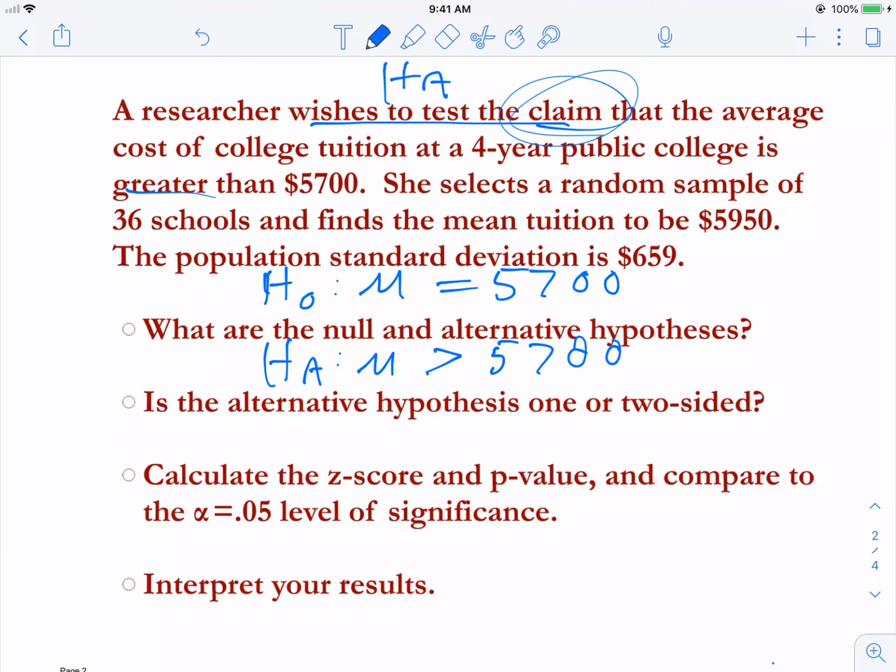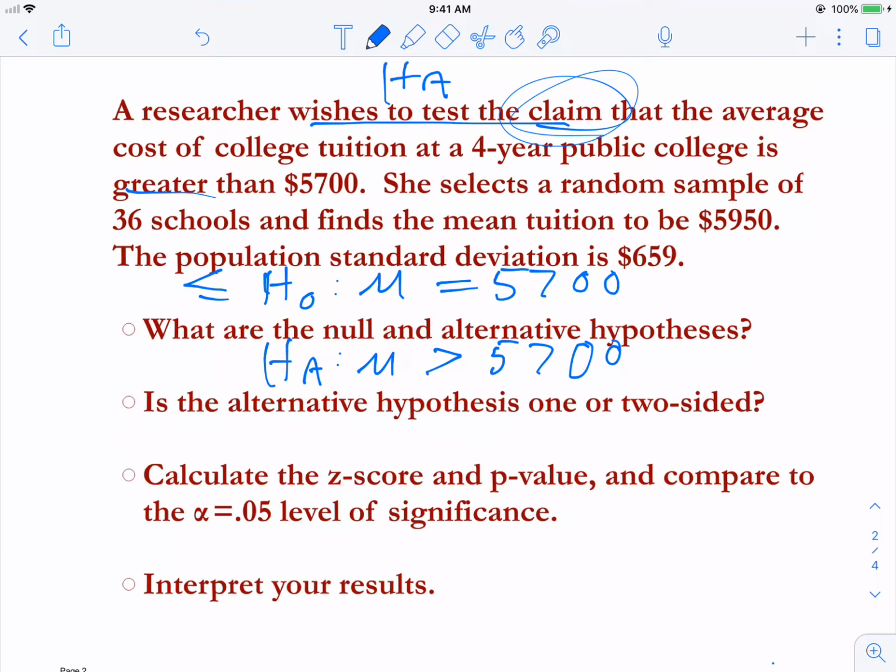Okay? Now you could say that that null hypothesis, if we want to account for all three possibilities, should really be less than or equal to rather than just equal to, and that's okay. You could set it up like that, but a lot of times we will just put an equal sign because the other direction doesn't make a whole lot of sense.